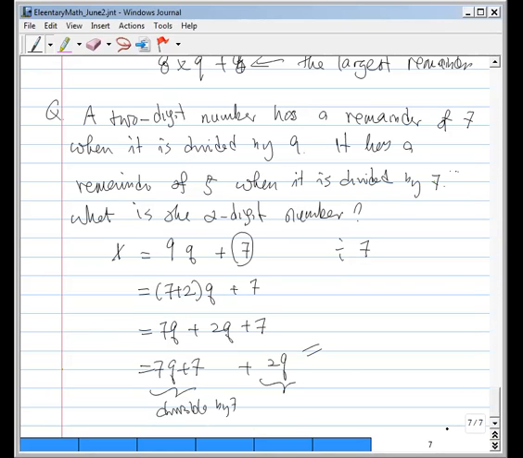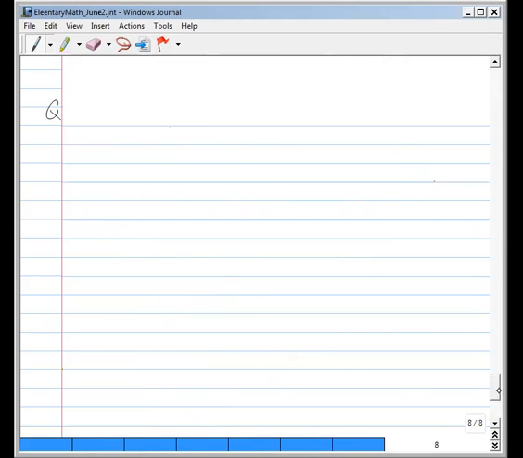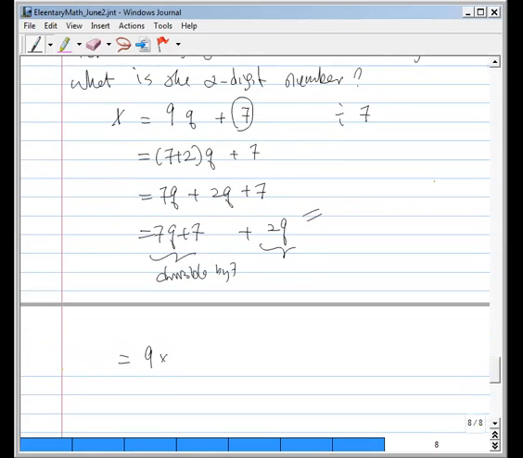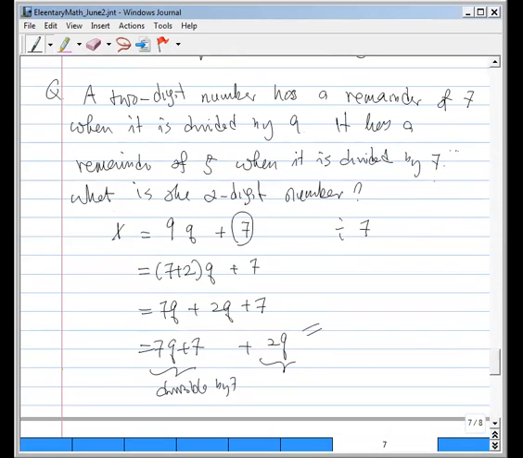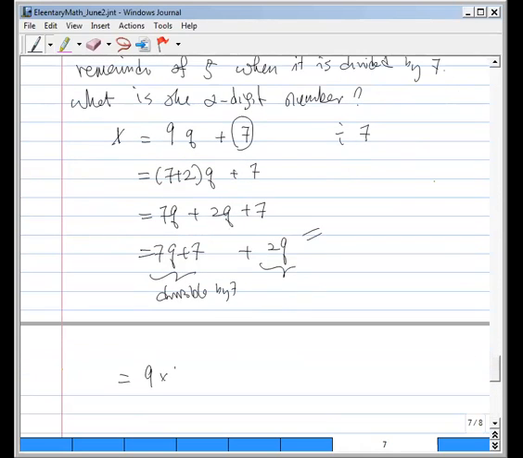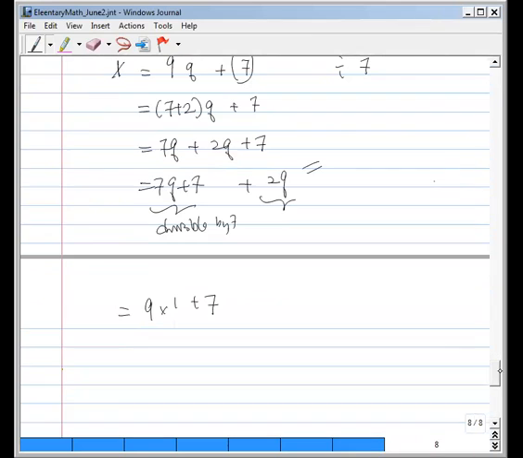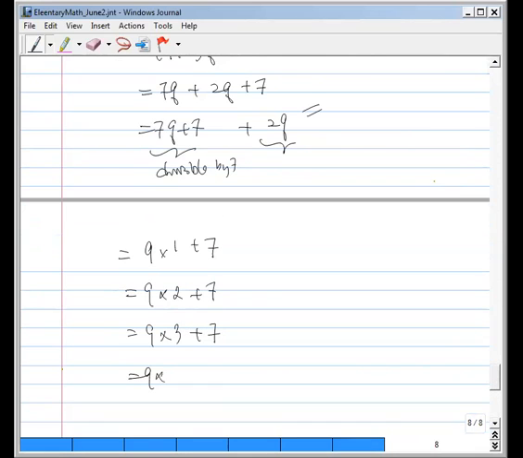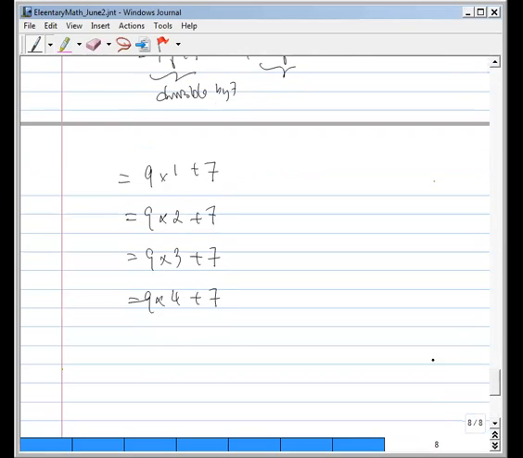Now, if you don't do it like that, you can just list all of them. You just say, hey, this number is going to be 9 times something plus 7, and it must be a two-digit number. So 9 times 1 plus 7, and 9 times 2 plus 7, and then 9 times 3 plus 7, and then 9 times 4 plus 7. There are not many.